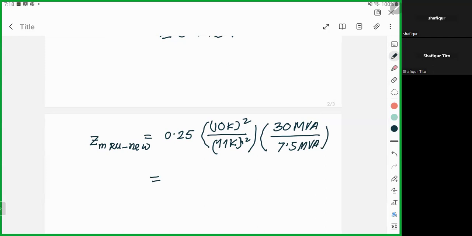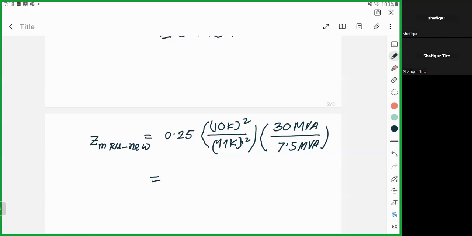So here both the base voltage and the MVA have been changed to a new value. So we have to use both of them.